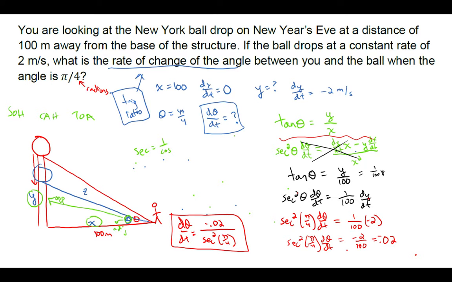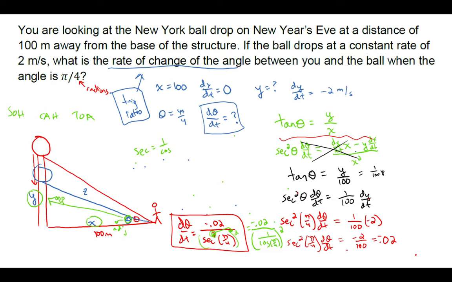So how we actually need to type this in is -0.02 divided by, another thing to remember is this secant squared is the same thing as secant of pi over 4 quantity squared. It's like writing it out there. So this is going to be 1 over the cosine of pi over 4 quantity squared.